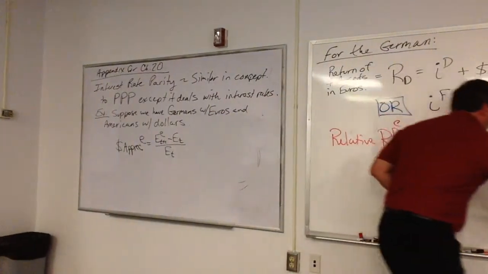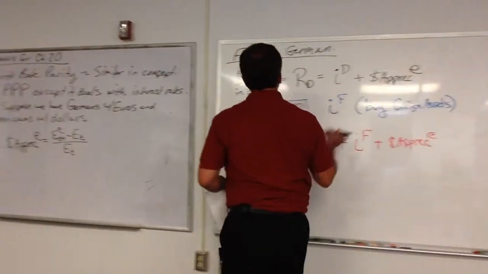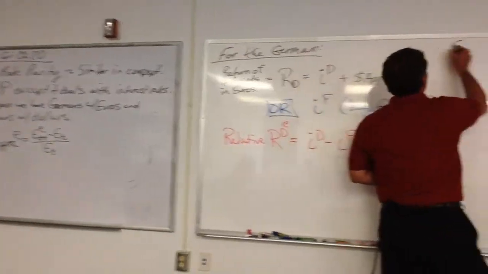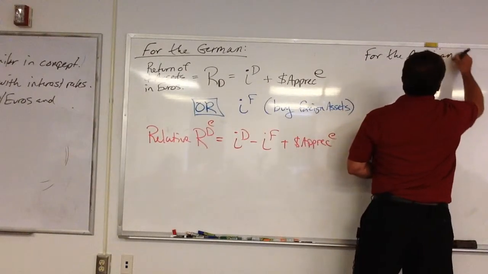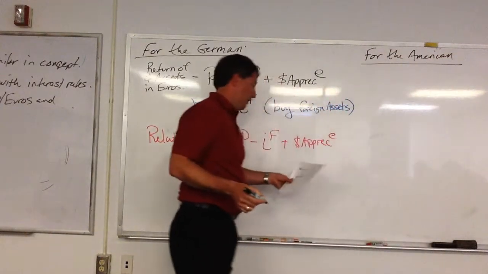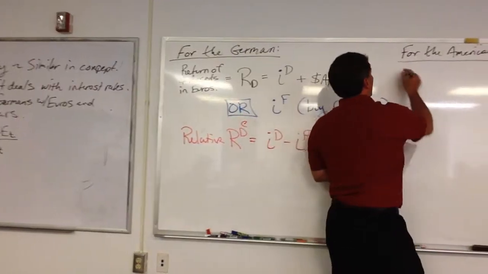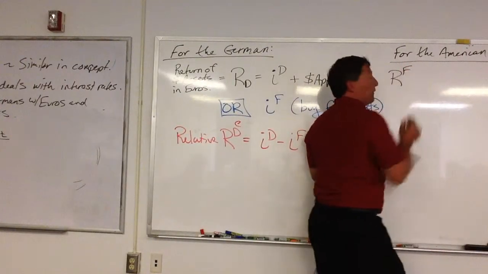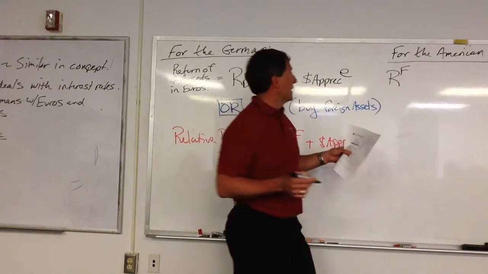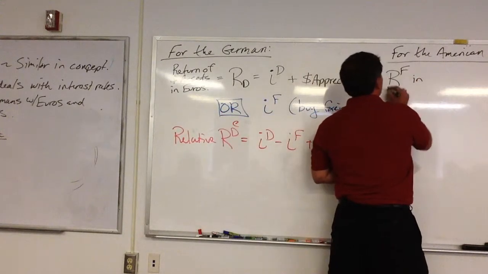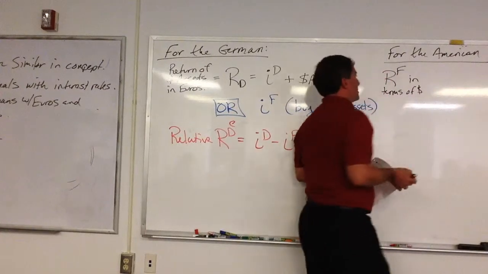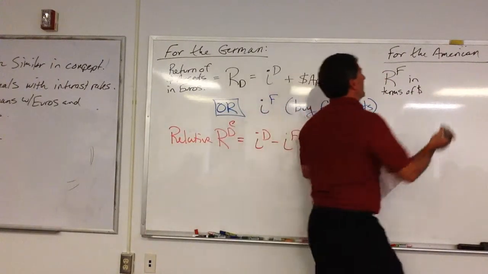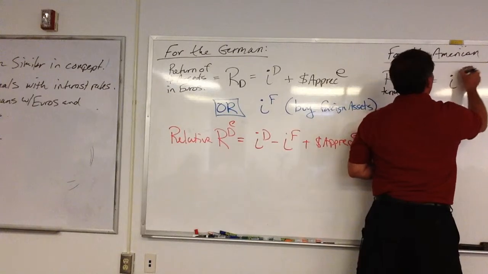So for the American, let's look at what they face. The rate of return on foreign assets, if they decide to go that way, in terms of dollars. So I buy a German bond and I earn IF.